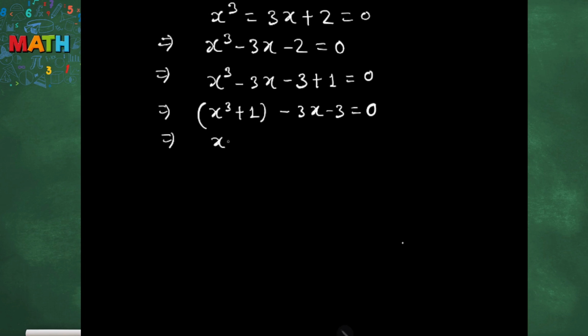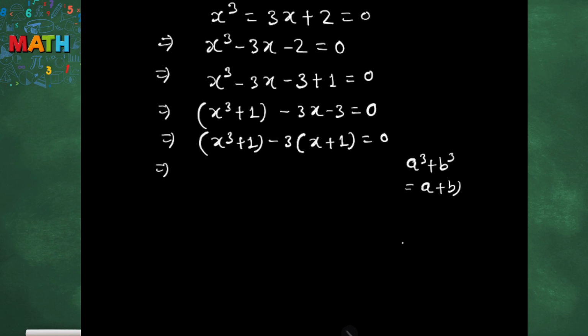So x cube plus 1, and here take 3 common, so this becomes x plus 1 is equal to 0. Now we know a cube plus b cube, what is the formula? a cube plus b cube is equal to a plus b into a square plus b square minus ab.